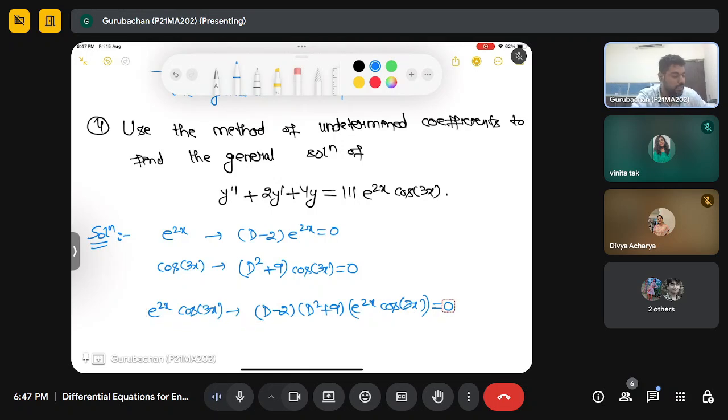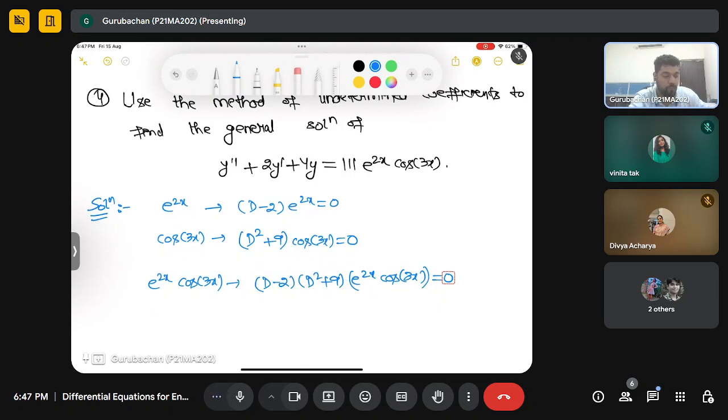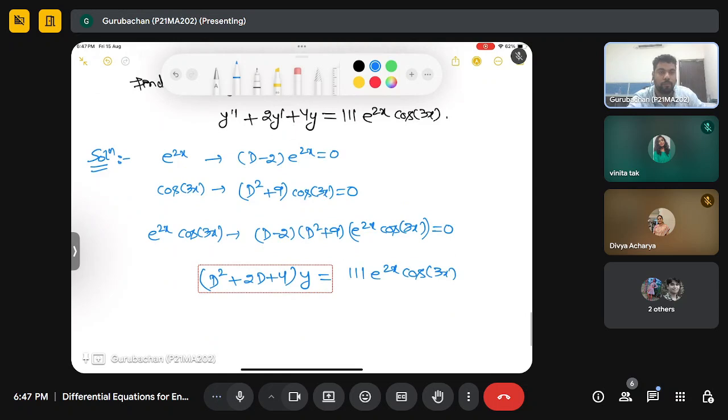And for the homogeneous part, if you write it, it will be (D square plus 2D plus 4) y is equal to 111 e to the power 2x cos 3x. Since we want to annihilate this one, we will operate on the whole equation.